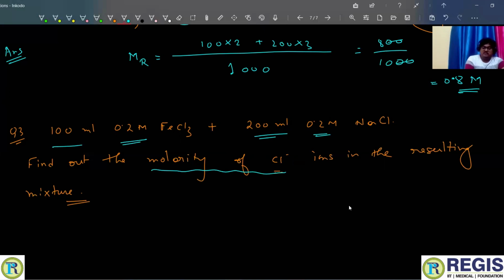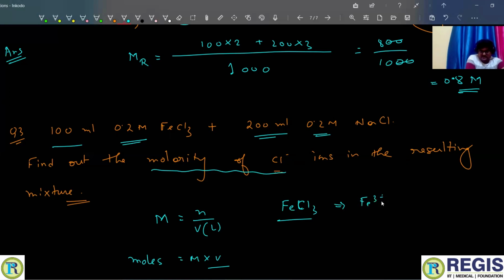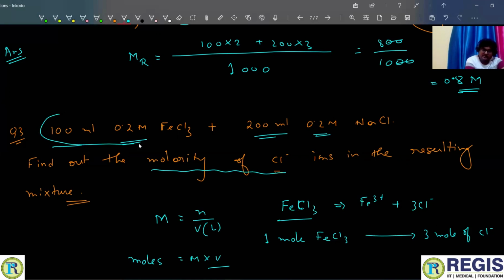Done? Okay. Look, what is the formula? Molarity equals number of moles by volume in liter. So can I write number of moles equals molarity into volume? Now FeCl3 after dissociation gives Fe3 plus and 3Cl minus. So 1 mole FeCl3 gives 3 moles of Cl minus. Here 100 ml, 0.2 molar.